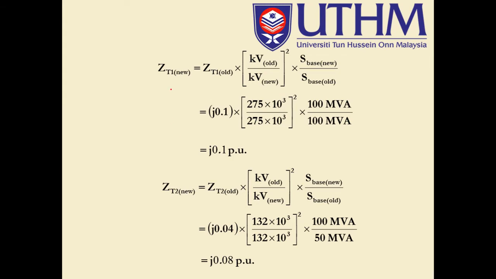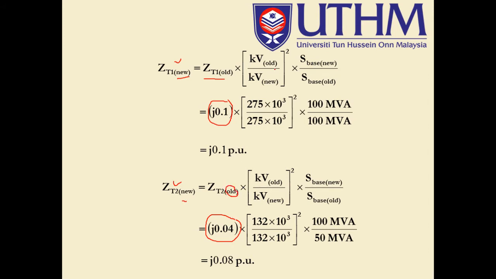Now we move to ZT1, the transformer 1 impedance, and also the transformer 2 impedance, the new values. We have the old impedance J0.1, I believe taken from the question. This one also J0.04, given in the question, considered as an old value.